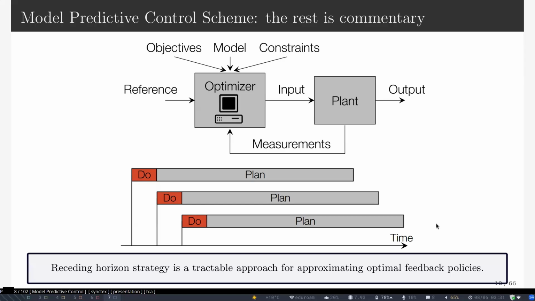It's really what's called a receding horizon strategy. That's what the first people who came up with it called it, receding horizon, or MPC. It's just a tractable approach to come up with an approximation of an optimal feedback policy. It's a feedback policy because it collects measurements and it proposes an action. The action goes through the system, measurement is collected, and we keep repeating.